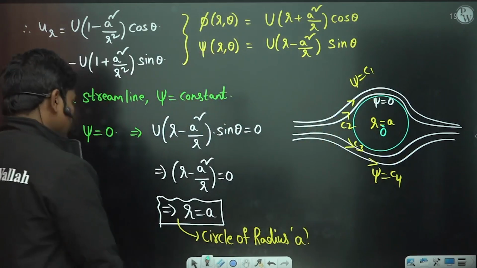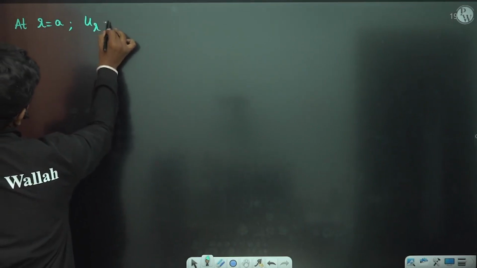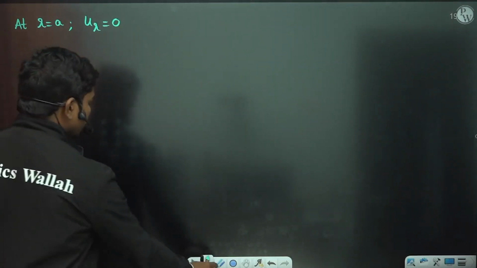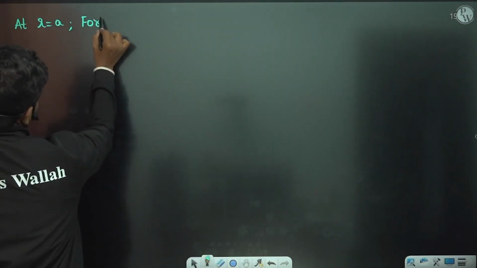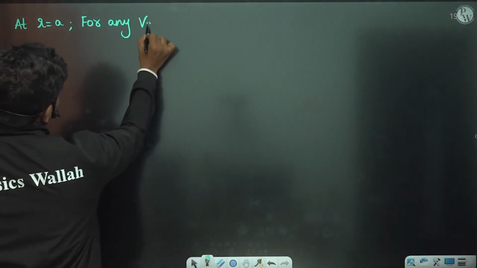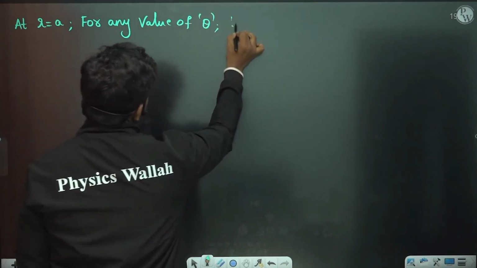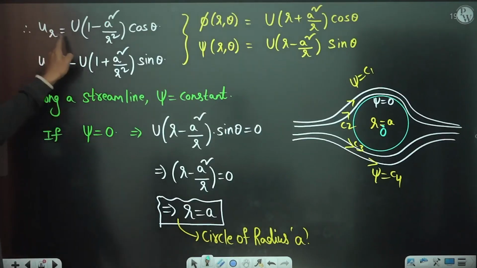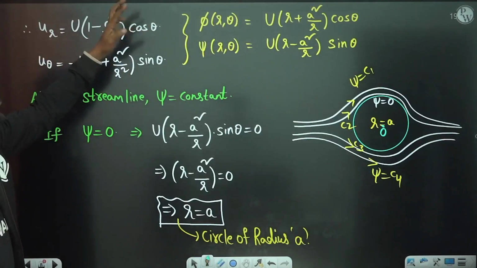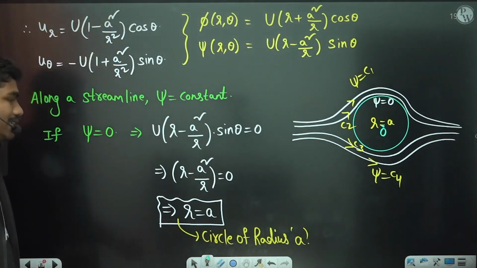So at r equal to a, ur is always 0, because irrespective of theta, for any value of theta, we have ur always 0. Yes or no? Because here if you see, this is the expression for ur, whatever value you put in place of theta, as long as a is equal to r, this term will go to 0. That's why this radial velocity is 0.